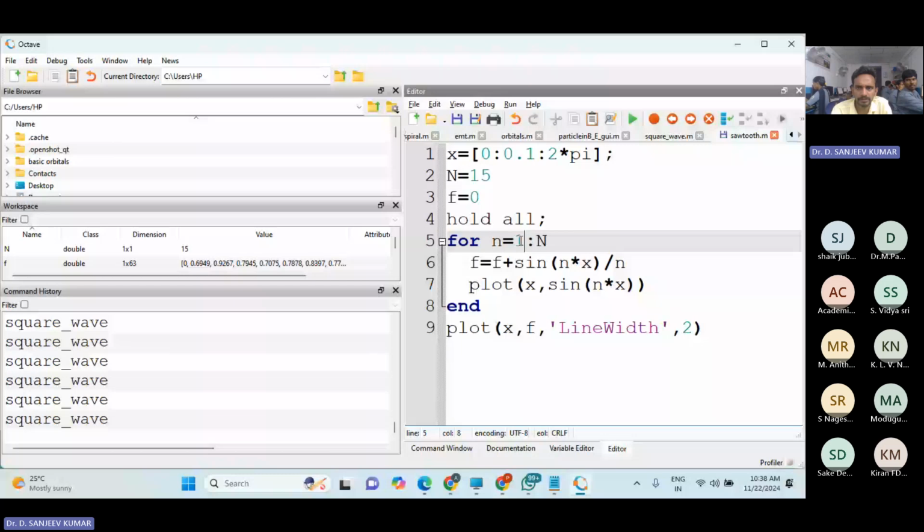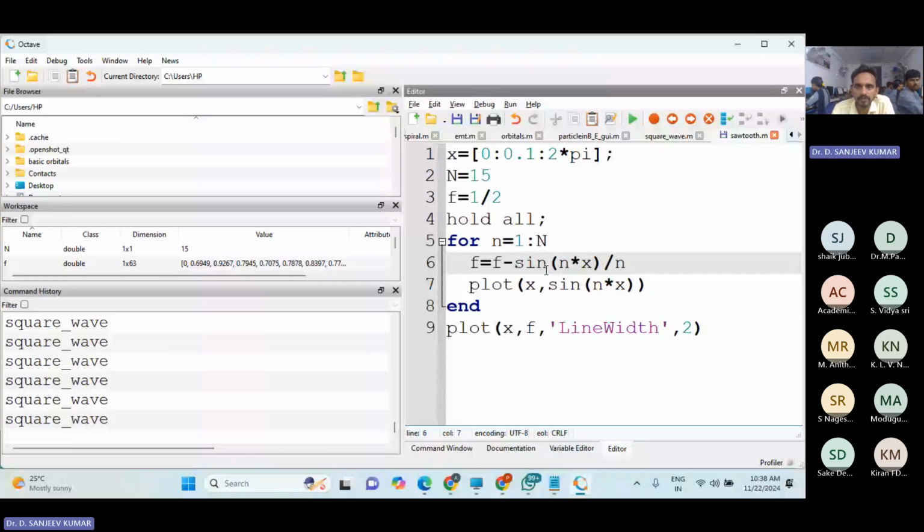So f is equal to f plus sin nx by n. So here my initial value of f, I'm considering it to be 1 by 2, and all incoming terms are being subtracted from it.